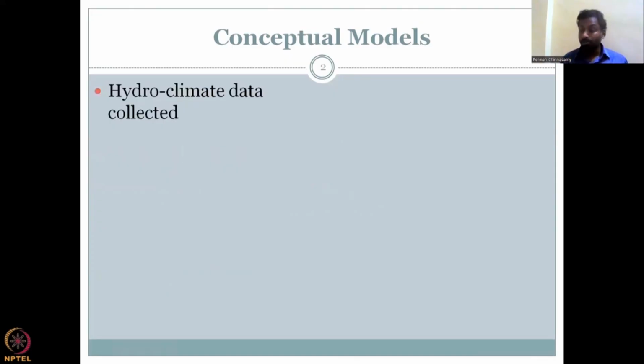So we have collected hydroclimate data ranging from rainfall, and I've shown you temperature, wind speed, and other things, but rainfall, storage, river discharge, soil moisture. We've looked at data on geological conditions from the lithograph and borehole data, which include your stratification, the layering of your aquifers.